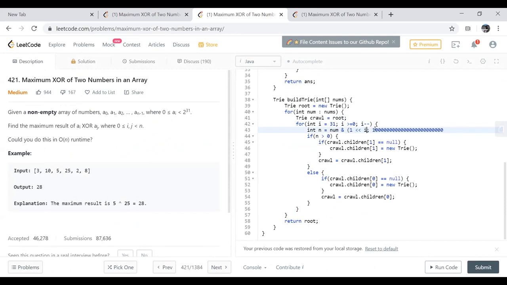So if I do AND with the number and 1 also has that bit, and the number also has a 1 bit at that position, then my AND would be greater than 0. That means I have to create a child at position 1. I'm considering that if I have a child at 1, that is a node with value 1. If I have a child at 0 position, that is a node with value 0.